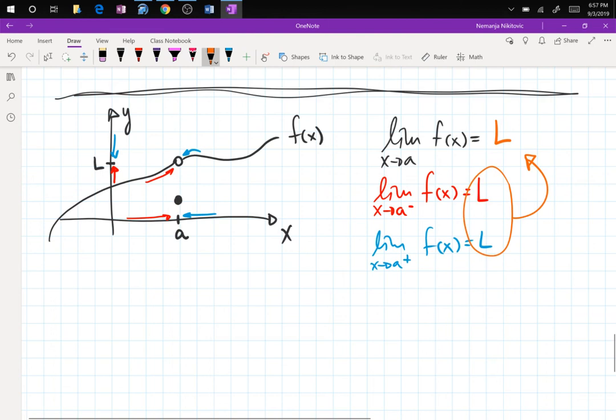So technically, working out the problem is doing the red and blue and making a conclusion. Because they're the same, you get the orange L as the answer for the limit. Now, Precalculus says that f of a is here.